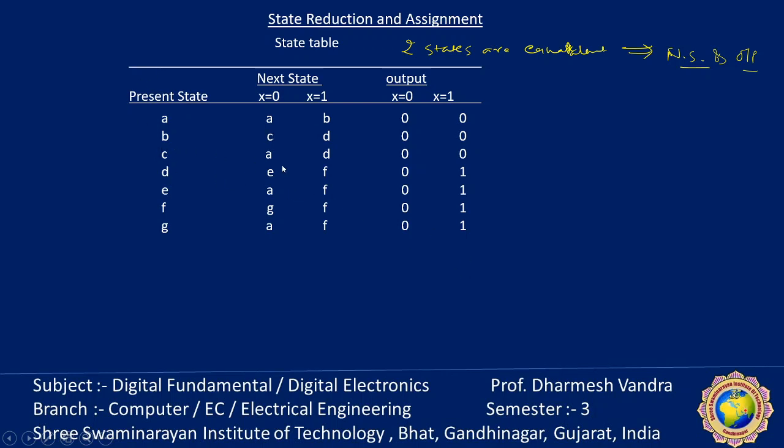For C, the next states are A and D. So A and D, A and F are there. Now D has E and F. So AF, GF, AF. E is not there. In the rows above and below, E, AF. So AF is yes. It is the same as in the last row.